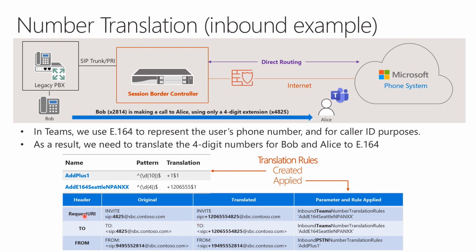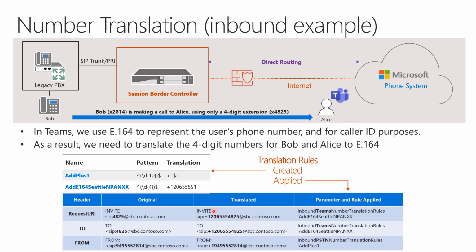Here's what happens. On the request URI, the invite from the PBX, all it knows is, hey, I'm sending a call to 4825, because that's what Bob dialed. But on the Teams side, when this invite reaches us, we're going to change that from 4825 to +1 206 555 4825, right? We're going to prepend this info because now this is a fully formed E.164 number.